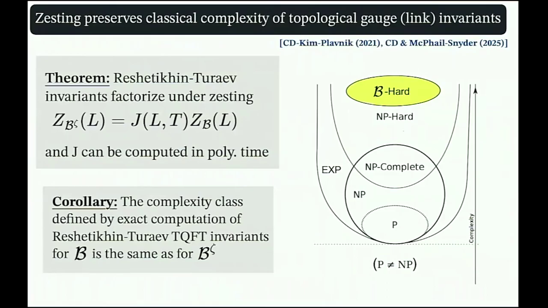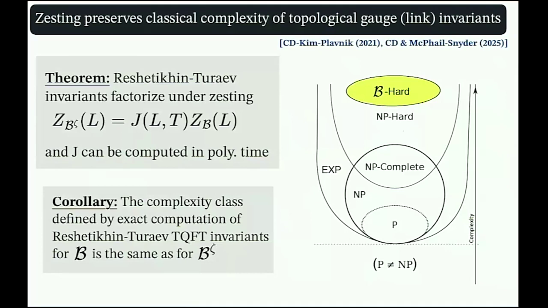So if I want to know what these invariants look like in my new theory, I can just compute them in terms of the invariants of my old theory, provided I compute this thing I've written here as J. This is some other link invariant, which I want to claim is a classical thing.